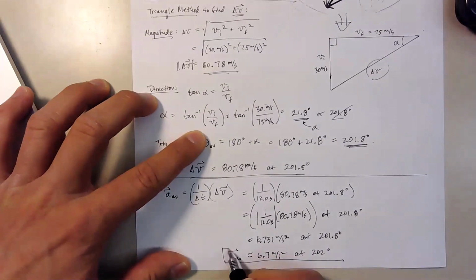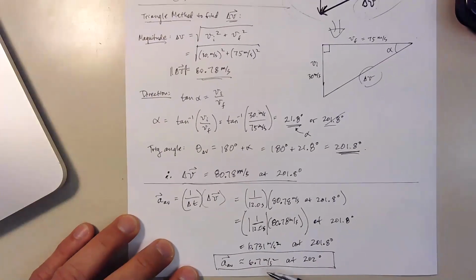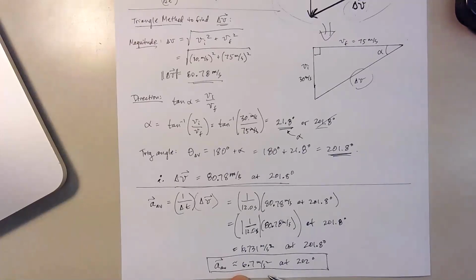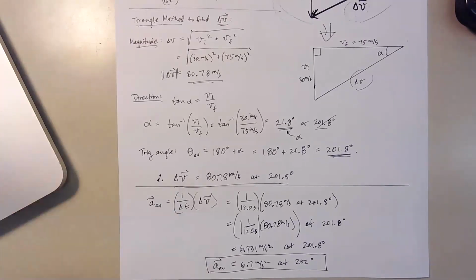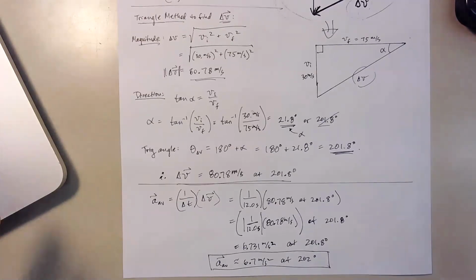Now, finally, let's reflect and sanity check our final answer. Looking back at my original, 6.7 meters per second squared, does that seem reasonable? Yes, over 12 seconds, if I kept changing the initial velocity by about 5 to 6 meters per second every second, that would probably get me up to 75, something like that.